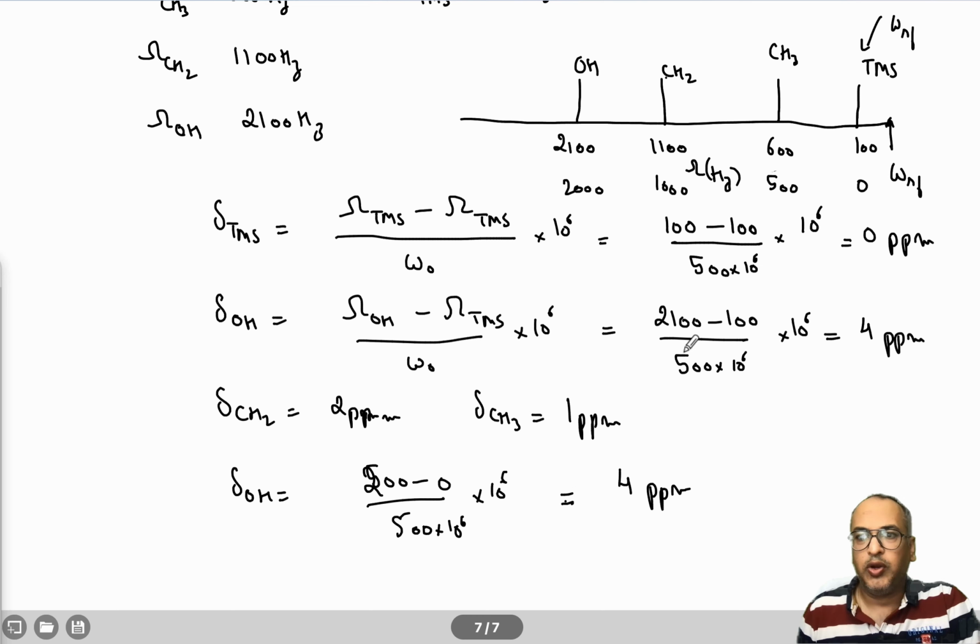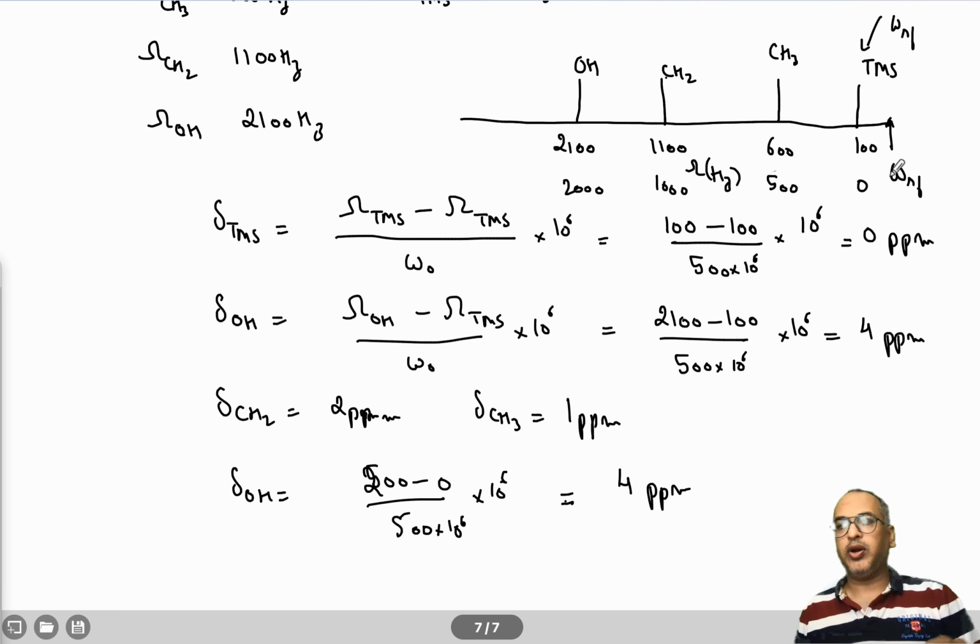So no matter where you keep your carrier frequency, your delta value is still going to be the same, right? So you don't worry about where you're keeping your RF value. You only want to minimize the offset values as we discussed earlier, but you can keep it anywhere. Your delta values will still remain constant because you're comparing your delta with respect to TMS, or with respect to an external reference.